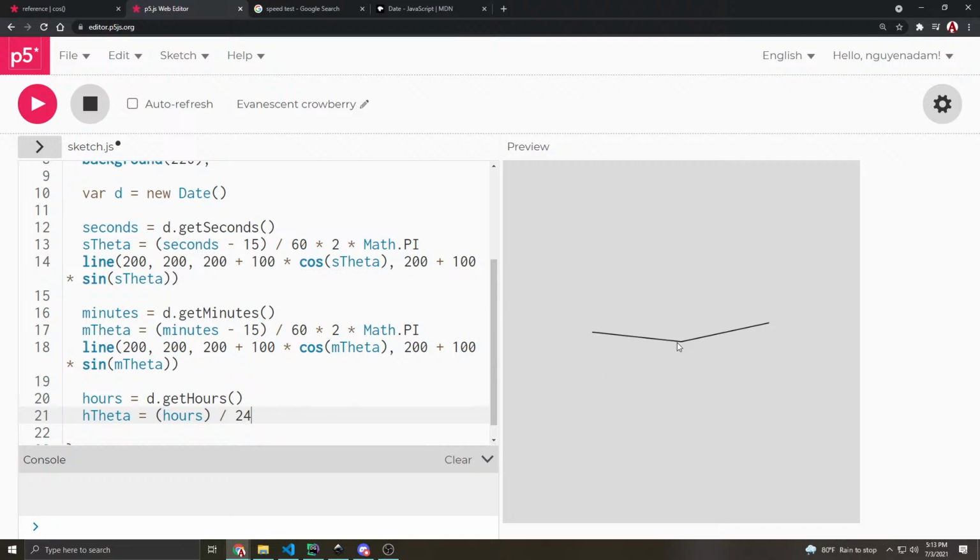But the problem is here. Actually, maybe if any of y'all in chat can spot the problem with this, let us know. And if not, we will find out the problem in a few minutes. And then that means our data value can go from 0 to 1, right? Like at 0 hours of the day, or at midnight, it's 0, and then right before midnight, it approaches 1.